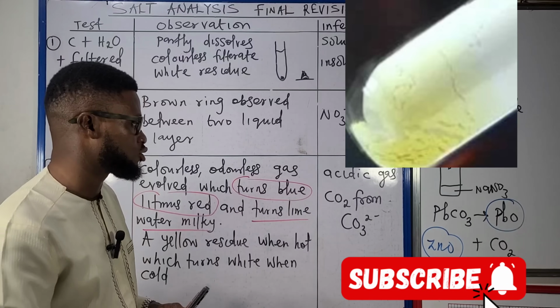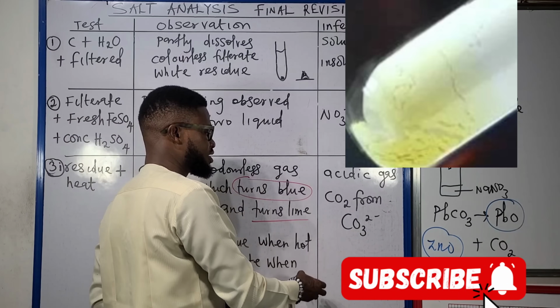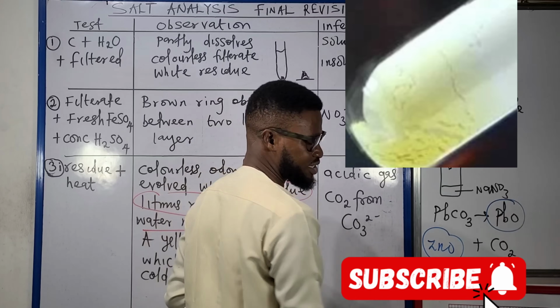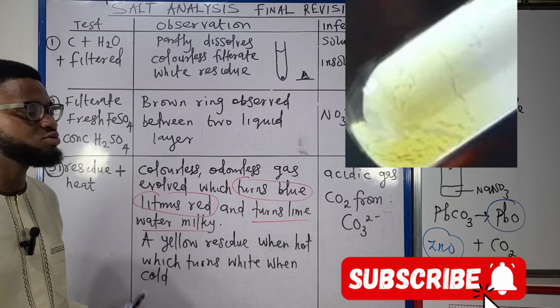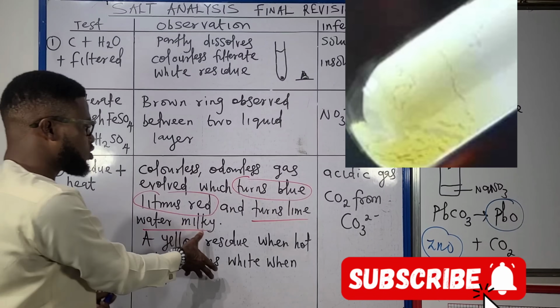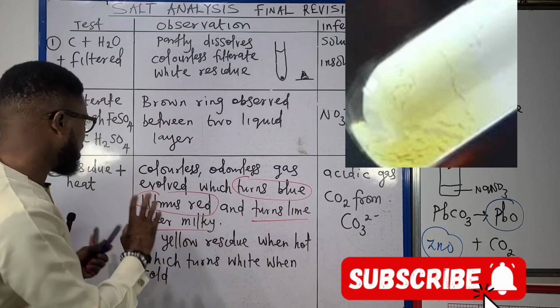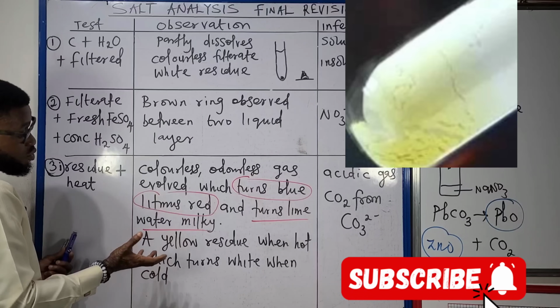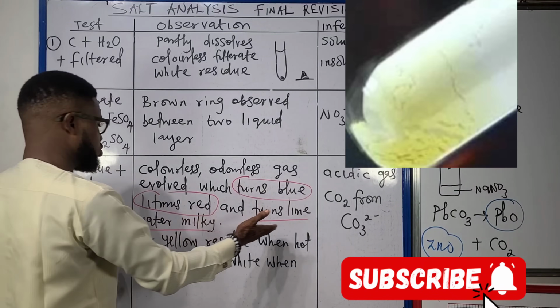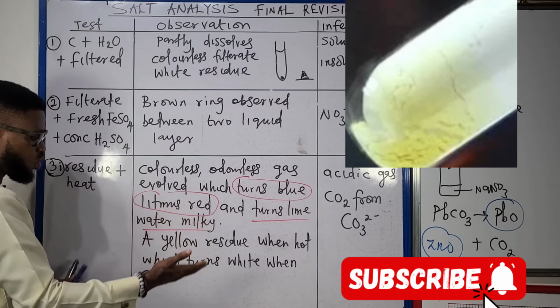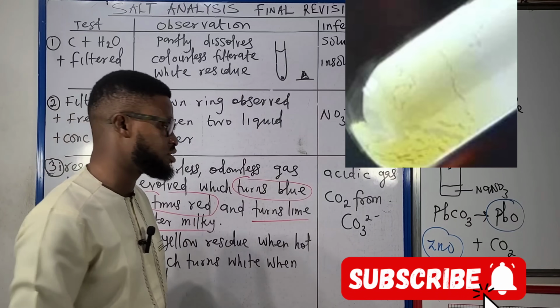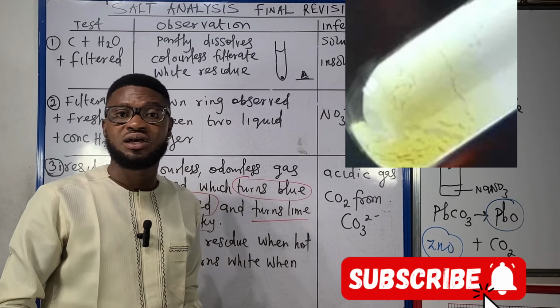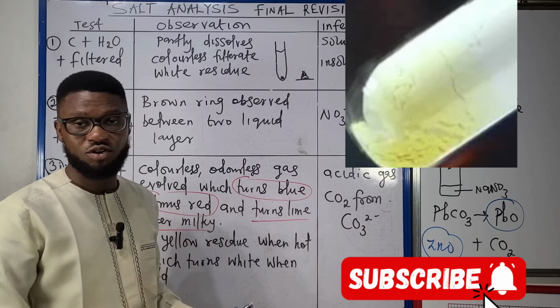You're not supposed to know that. So you cannot come here and tell us the residue is lead oxide. How did you know the residue is lead oxide? This is not a confirmatory test. So you have just indicated in your observation that, well, I saw a yellow residue when hot, which turns white when cold. And that's just about it. You cannot confirm 100% if it's lead oxide.